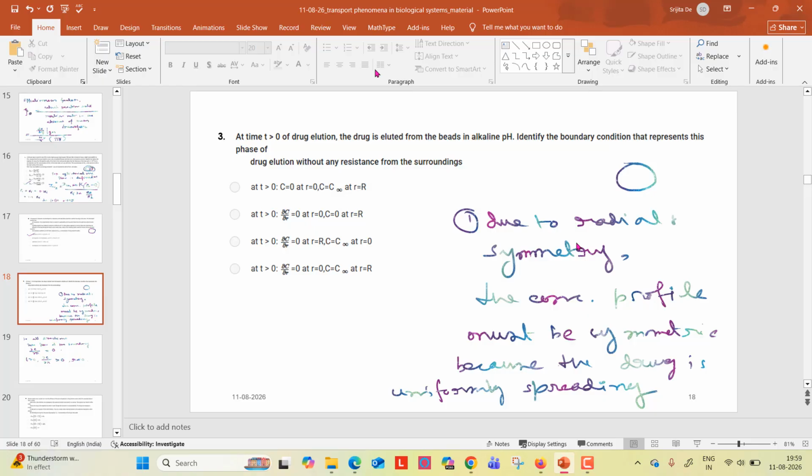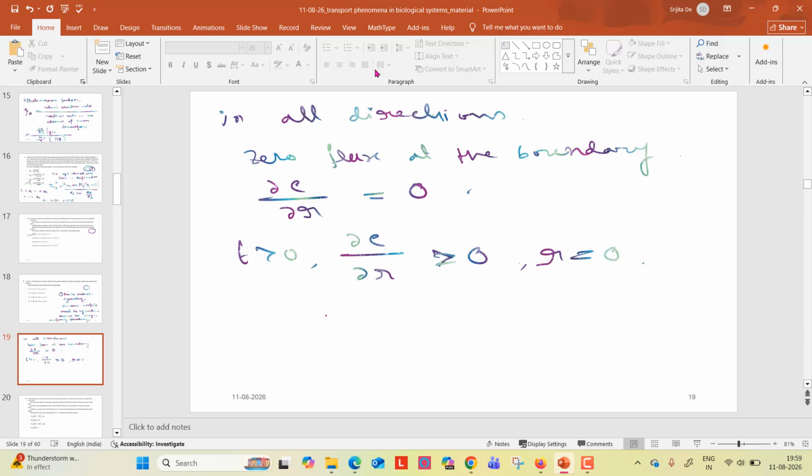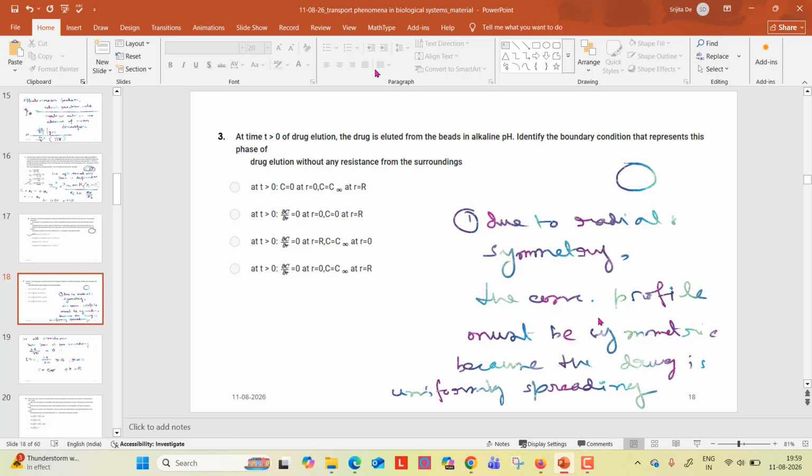So at the center, the concentration change is 0 with time, right? And the concentration will be at its maximum at R equals R. So C will be C infinity at R equals R. That is at the boundary, because the drug elution is happening here. Okay. So this is option D.